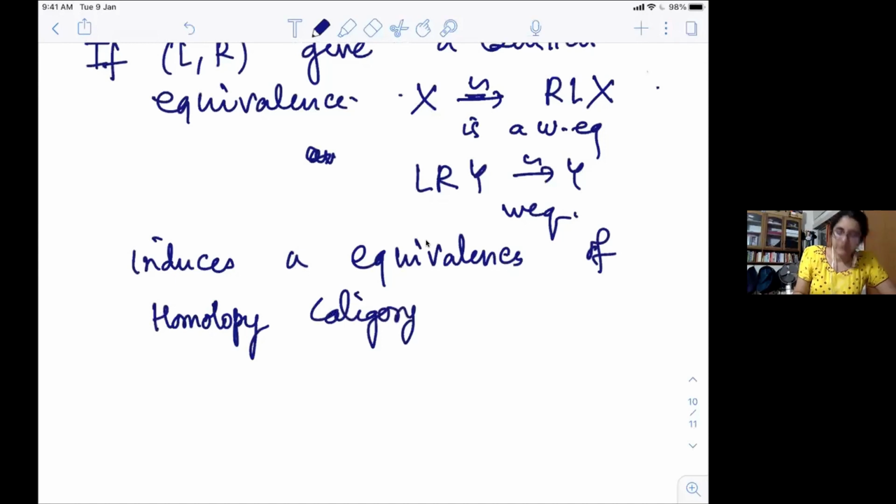So for instance, in the example of topological spaces, what we'll talk about next time is the category of simplicial sets, and we'll try to at least give an idea about how doing homotopy theory in the category of simplicial sets is the same as doing homotopy theory in the category of topological spaces.